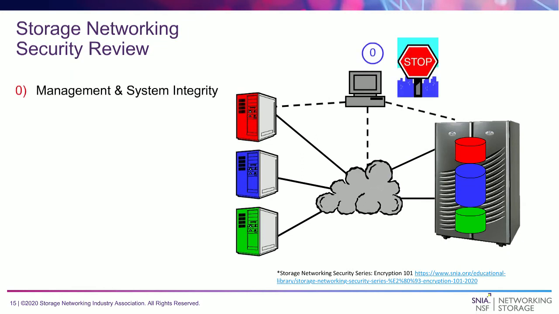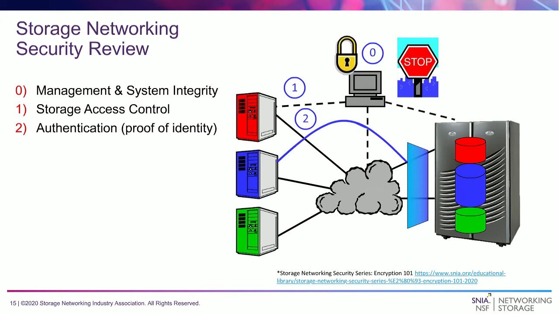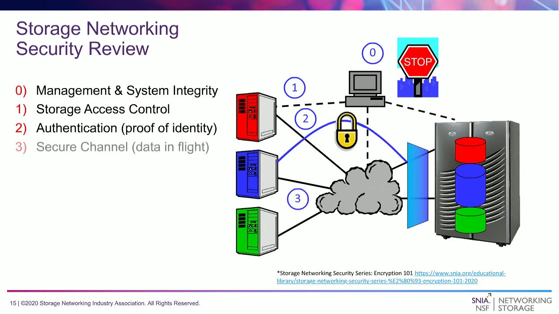So, review what we have. We say management and system integrity of your access console, of your storage console, is a fundamental technique you need to apply to maintain the security of your overall storage network. Storage access control techniques are fundamental to prevent accessing the wrong storage. They need to be coupled with authentication techniques, so proof of identity, to avoid liars being able to access what they should not access.